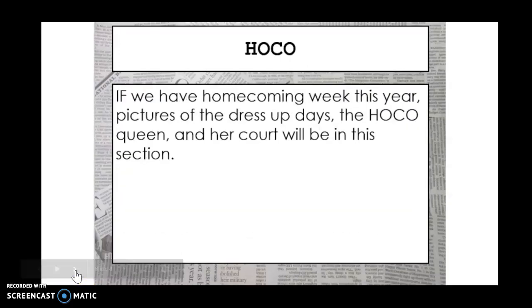Homecoming. So if we even have a homecoming this year, I'm so sorry. Pictures of the dress-up days and the homecoming queen and things like that will be put in this section. So hopefully we'll be able to work around having a homecoming this year because we all love homecoming here at CHS.